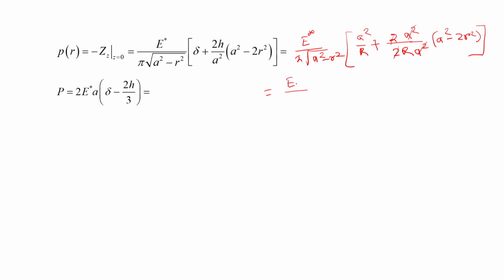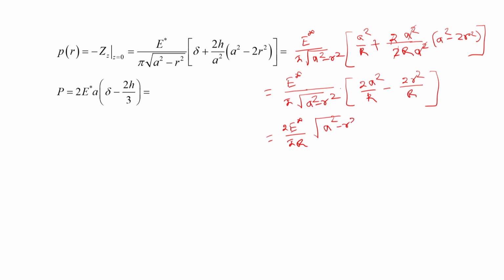What I have is E star into pi into the square root of a square minus r square, and here I got 2 a square by R, minus 2 r square by R. So we get E star into 2 by pi R, into the square root of a square minus r square.